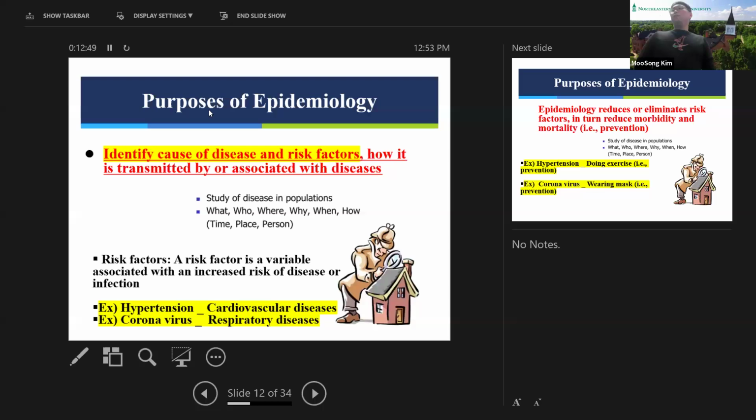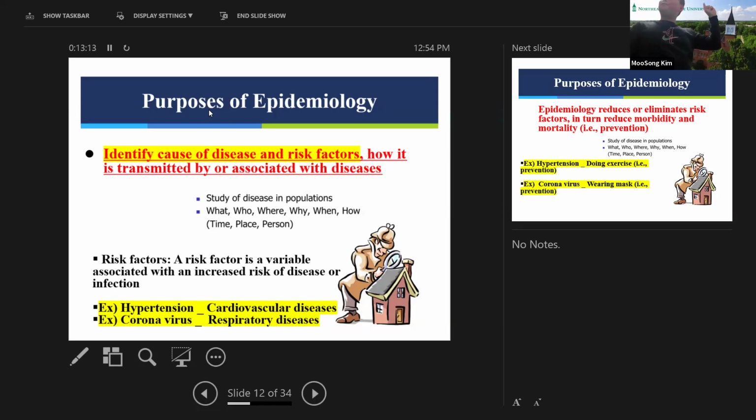So hypertension and cardiovascular disease, which one is a risk factor? Which one is a cause of disease?